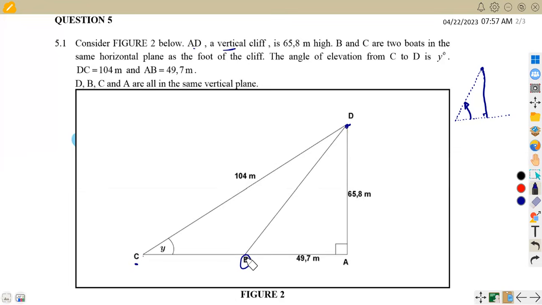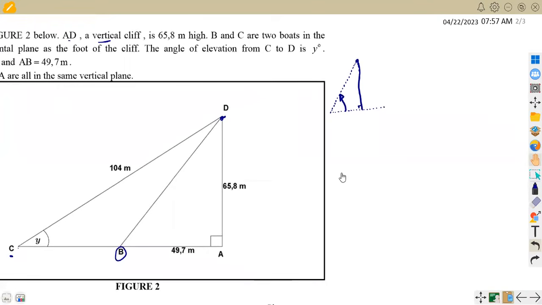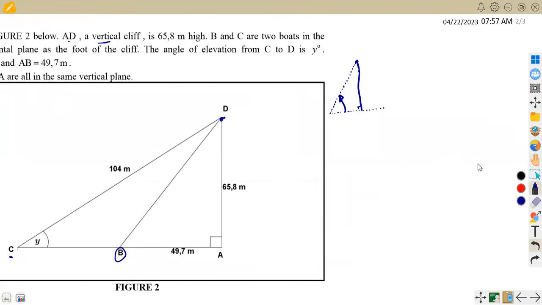This is your DB. If you check properly, this triangle, from triangle ABD, is a right-angled triangle. So we can apply our Pythagoras theorem to calculate the third side, since we are given two sides in triangle ABD.